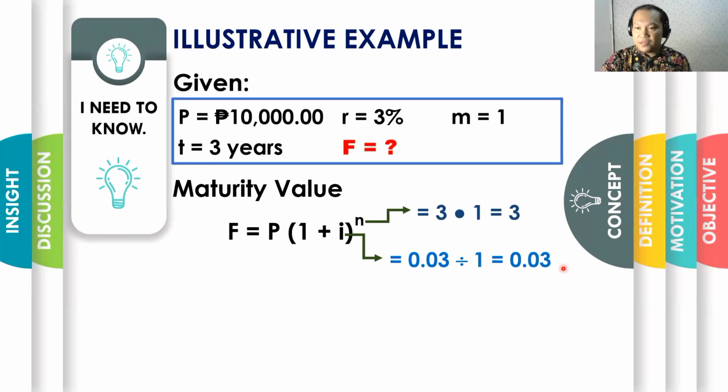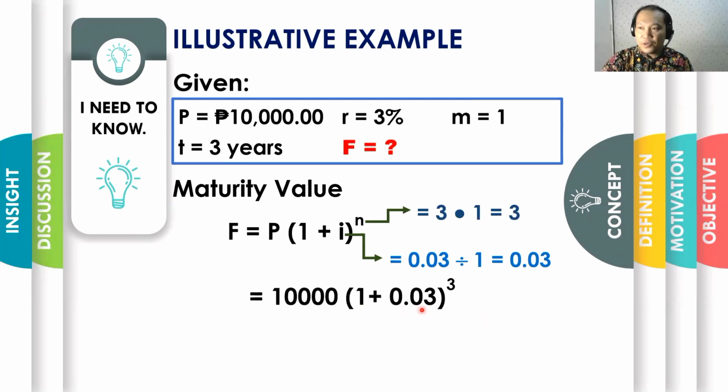Having the values of n and i, we are now going to complete our substitution process, which is 10,000 times the quantity, 1 plus 0.03, close parenthesis, raised to the power of 3. Okay?